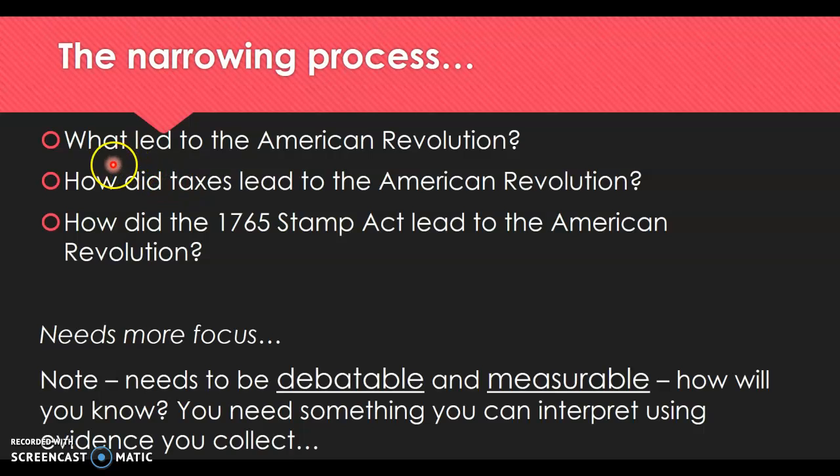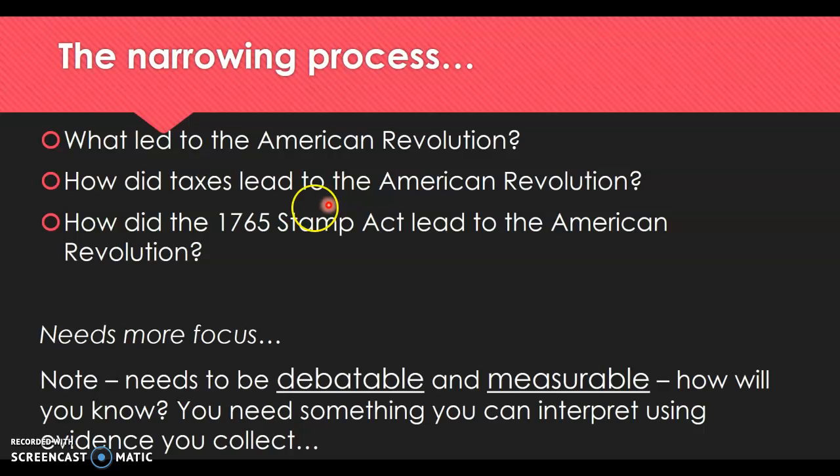To take a question like what led to the American Revolution, what's a way that you can narrow it? Well, you can think about what might be one of the things that led to the American Revolution? I know taxes were part of this. The colonists got upset about the taxes. Maybe that's something that led to the American Revolution.